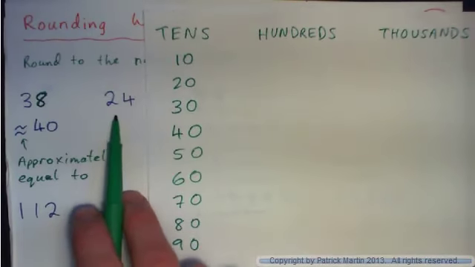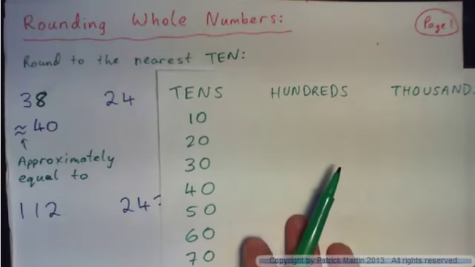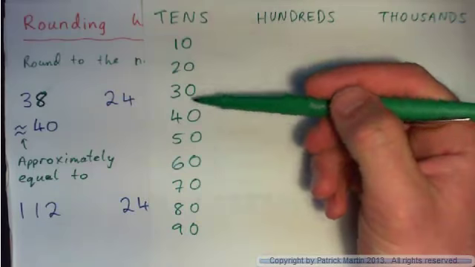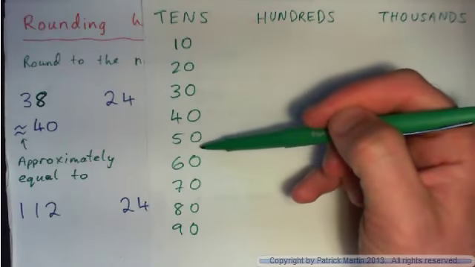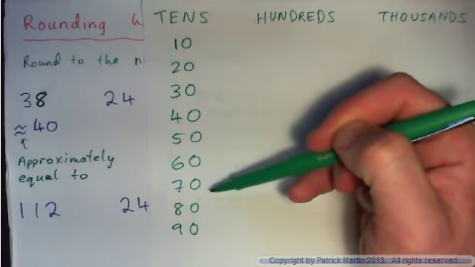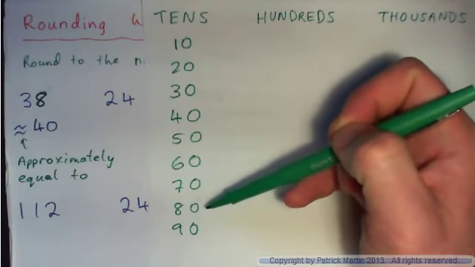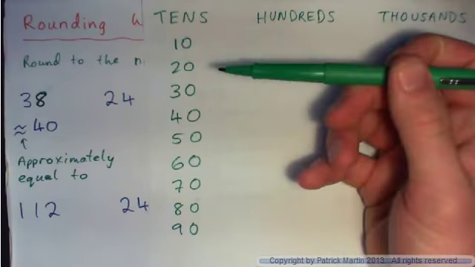If you're asked to round 24 to the nearest 10, what 10 number is 24 nearest to? Is it nearest to 10, or is it nearest to 20 or 30 or 40? It's nearest to 20, isn't it?